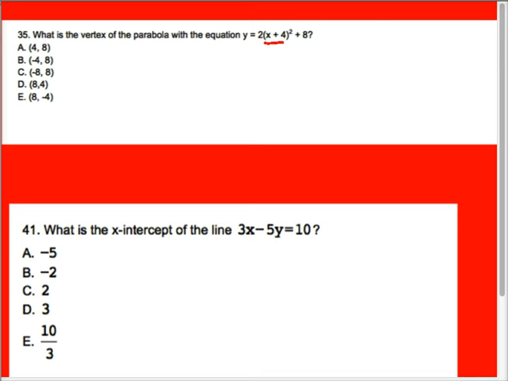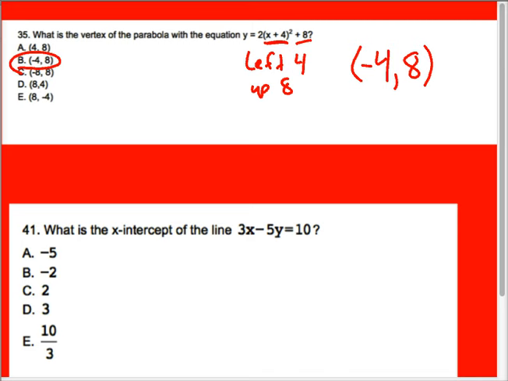So remember, this is transforming it left 4 and up 8. It's shifting that vertex to the left 4 and up 8. Well, the left is a negative direction, and up is a positive direction. So we end up with negative 4, 8.